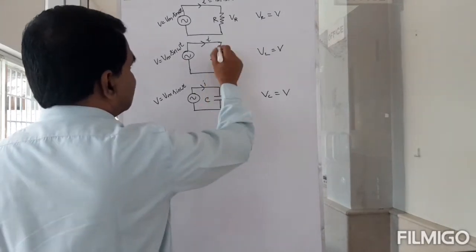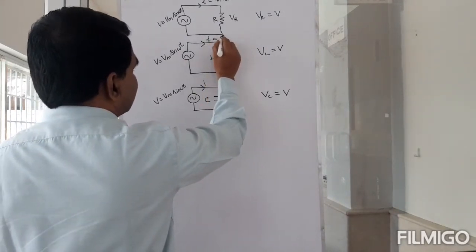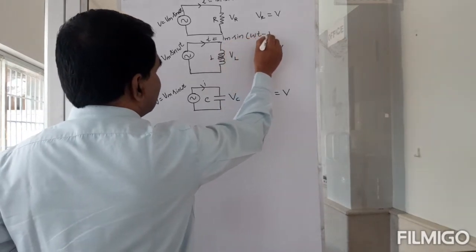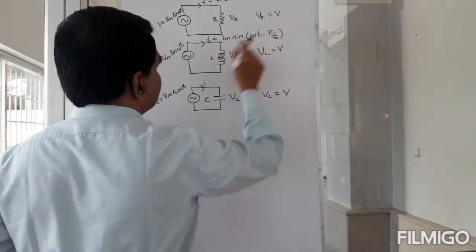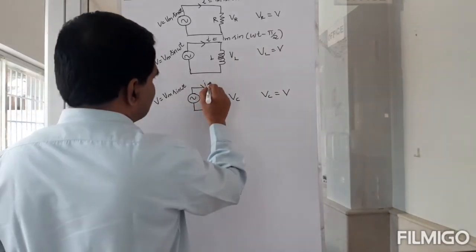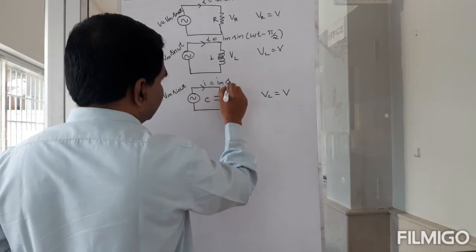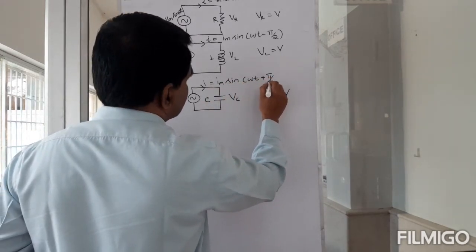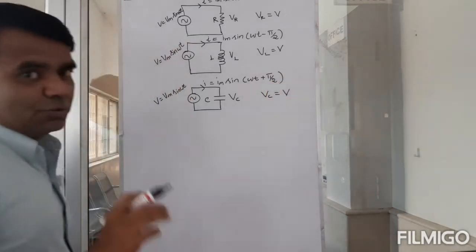In the inductor circuit the current was lagging the voltage, meaning that I was equal to Im sine omega t minus pi by 2, and here the current was leading the voltage, so this was equal to Im sine omega t plus pi by 2.